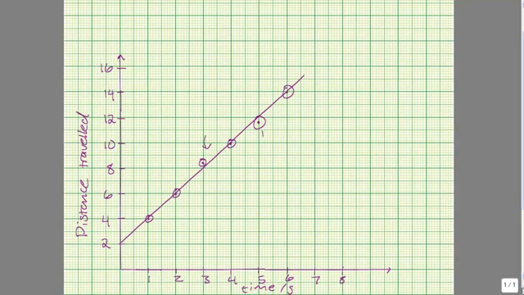All the rest of the points more or less fall along the best straight line. We include our title, and this is a graph of distance traveled versus time.